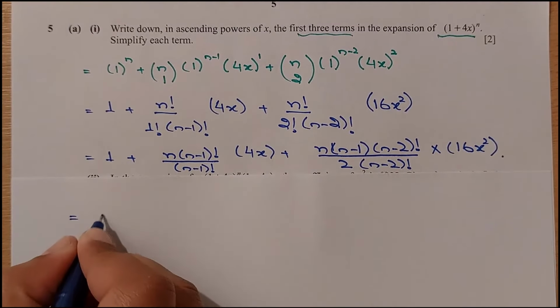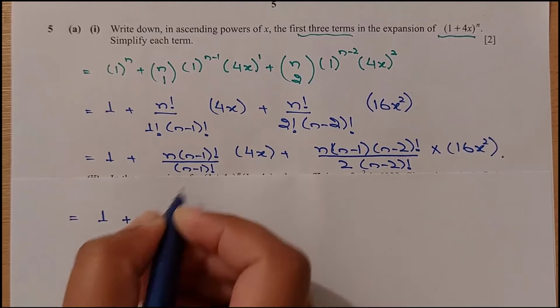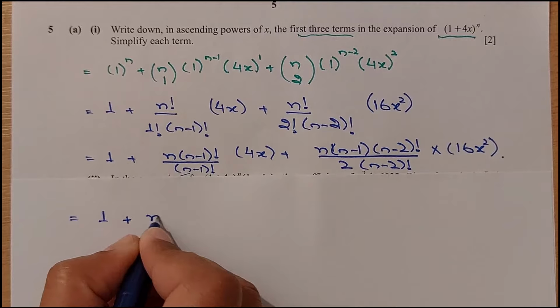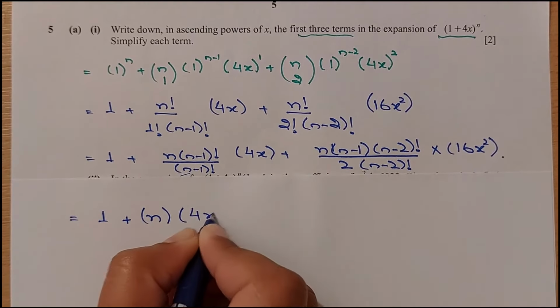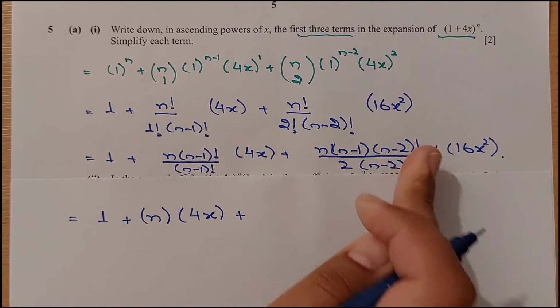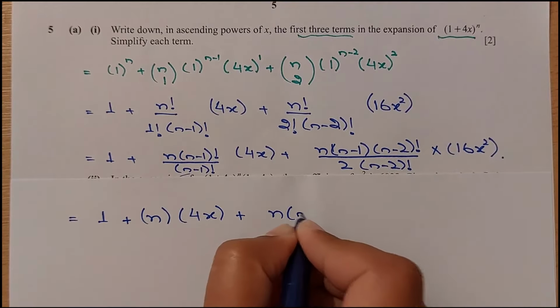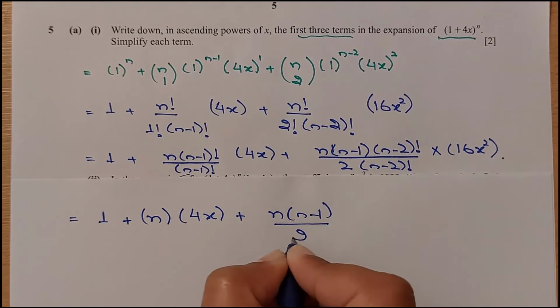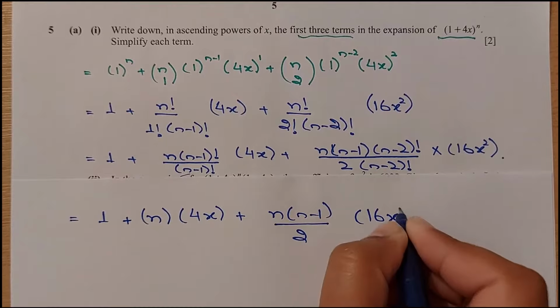Okay, so here 1 plus n minus 1 is cancelled with n minus 1. We have n and 4x plus n minus 2 is cancelled with n minus 2. n into n minus 1 divides 2 into 16x square.